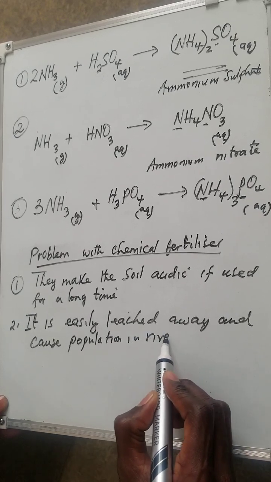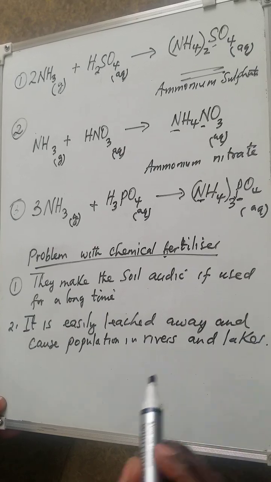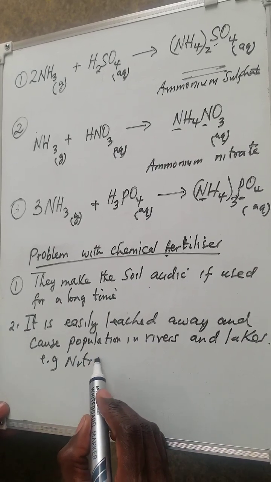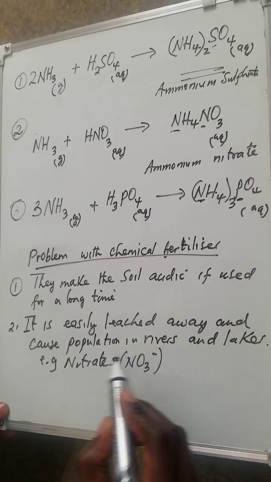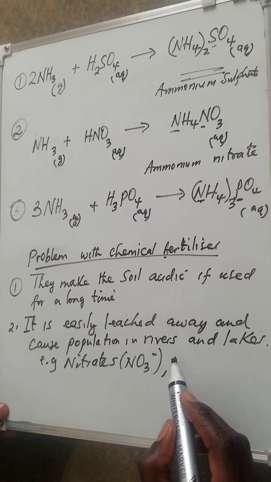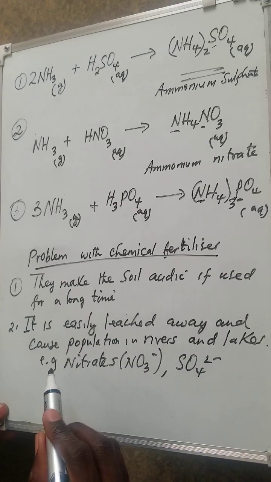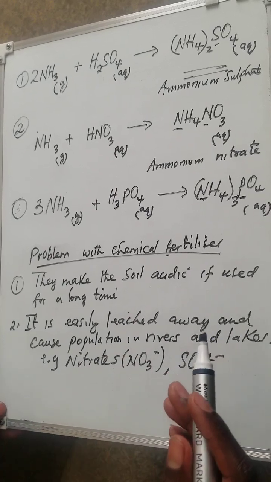Especially when we talk about nitrates, NO3 ions found in the soil, and also sulfate ions found in the soil, when it rains these can be washed away into the rivers.